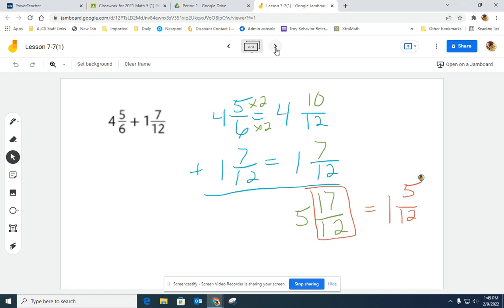So I have 1 and 5 twelfths. Now I need to take that 1 and 5 twelfths and add it to the 5 that I already have, which makes my answer 6 and 5 twelfths.